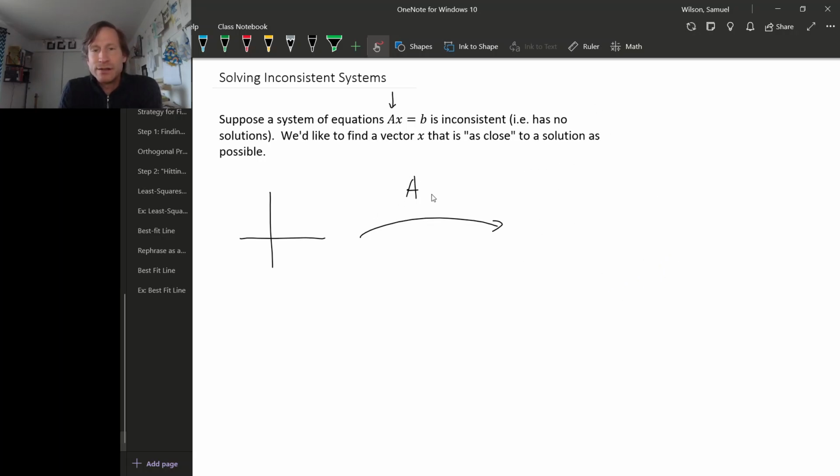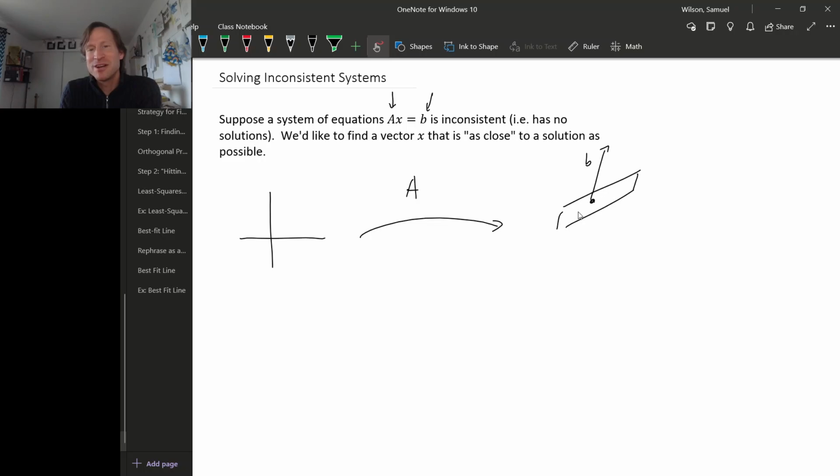And so multiplying by A sort of situates your domain space in the range space somehow, like this. But this vector b, if this is b, our vector b isn't in the image of A. So there is no solution in this case, right?